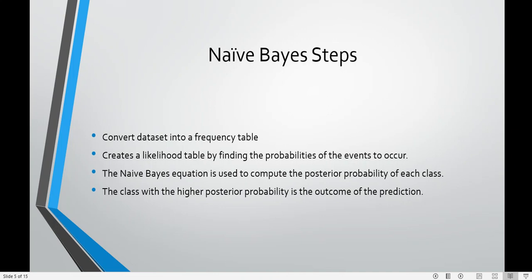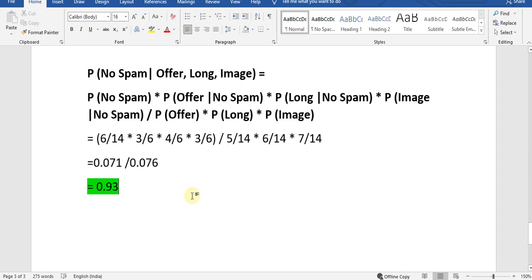Now if you go back to the steps, the last step says the class with the higher posterior probability is the outcome of the prediction. So when I calculate the probability that the message is spam given a fixed set of feature values, it is 0.23, and the probability that the message is not spam is 0.93. Of course, the probability that the message is not spam is higher, so I will consider this as the predicted value.